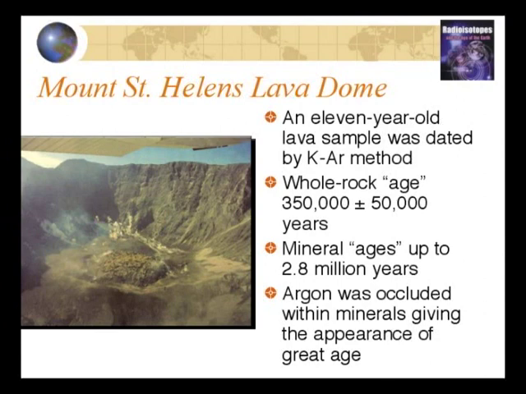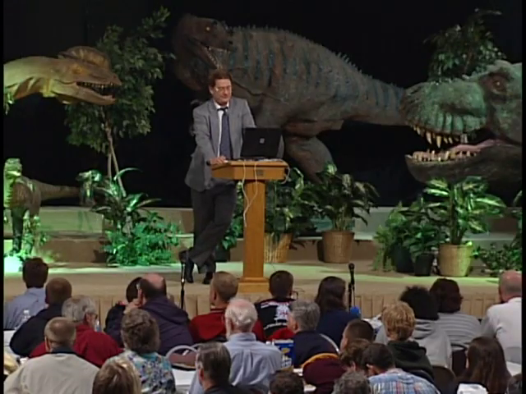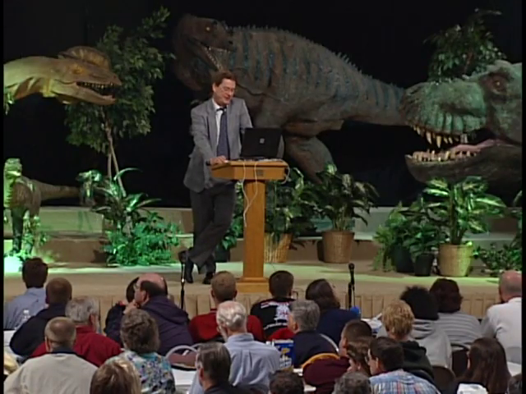The initial assumption of the argon method is that there was no argon-40 originally in the lava when it crystallized 11 years ago on the lava dome. That's the problem, and obviously it's an error.